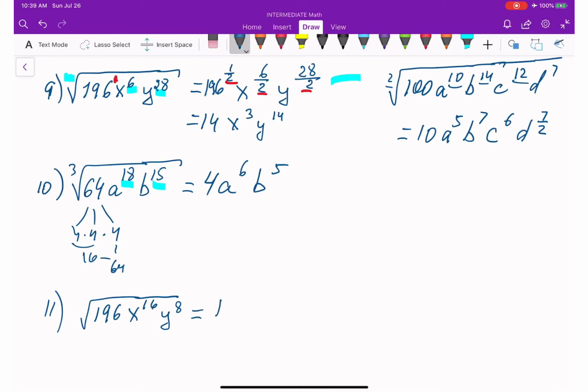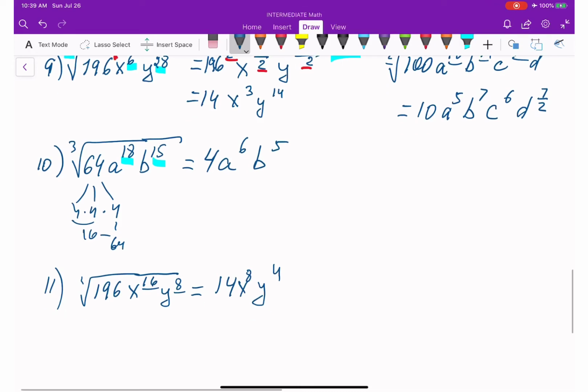Square root 196 is 14. 16 divided by 2 is 8. 8 divided by 2 is 4. Okay, x to power 8, sorry. Okay, are we good? I hope so.